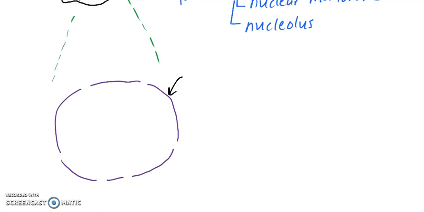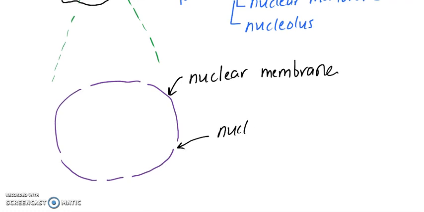Again, this is the nuclear membrane, just like any cell has a membrane, so does a nucleus. And along this membrane, we'll have these little pores, these openings. These are called nuclear pores. And this is how things enter and exit the nucleus.